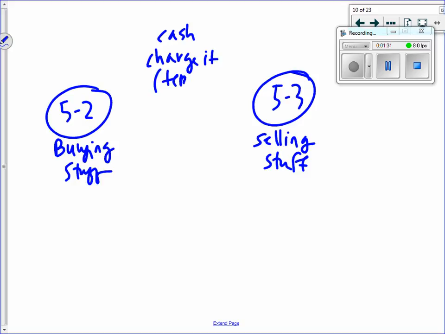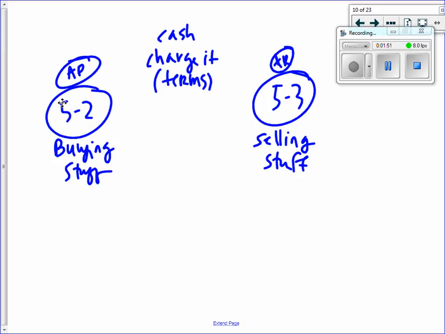With that comes some kind of terms. We'll talk about terms here in just a moment. When we're the one buying stuff and charge it, it all has to do with AP. When we're the one selling it and letting our customers charge it, it's all about AR.